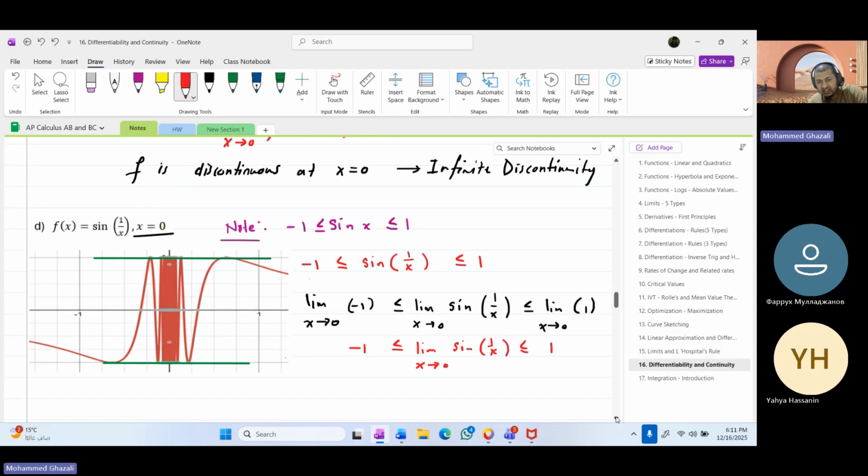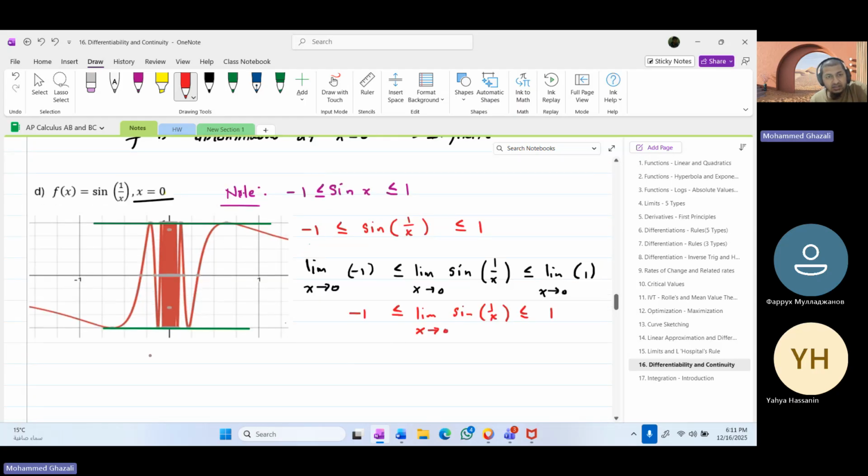Okay, so that's the reason why we say limit as x approaches 0 of f of x does not exist, right? And it doesn't exist because the sine or cosine function will be oscillatory.